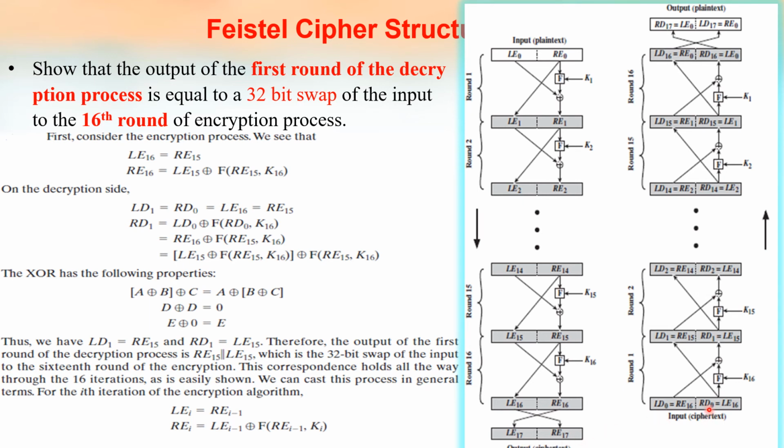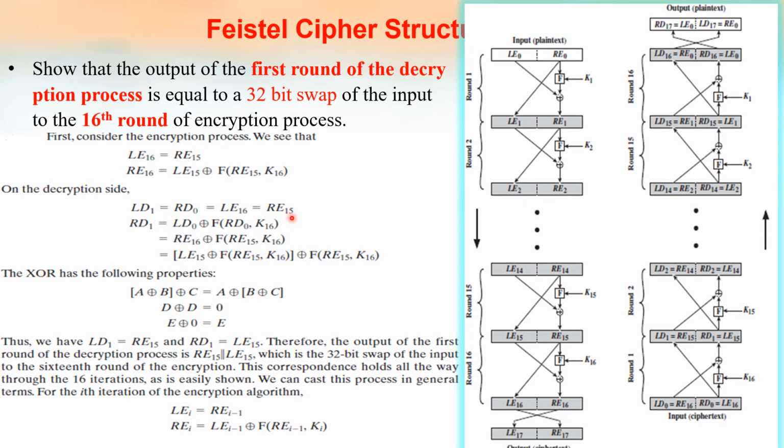In the ciphertext, this right side means this left side; the left side becomes the right side. So RD0 is LE16, so LD1 equals RD0 equals LE16. From the previous round I know that LE16 is RE15.